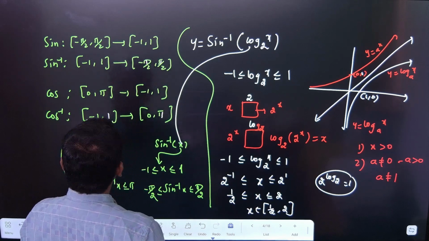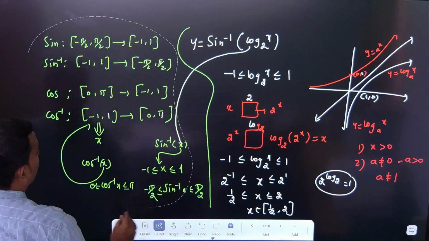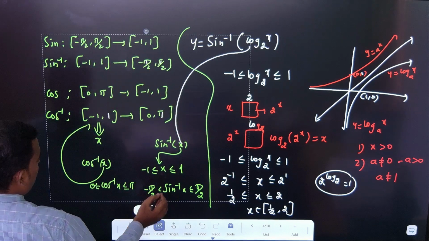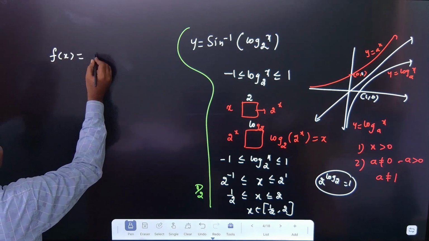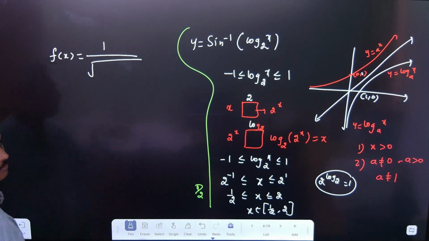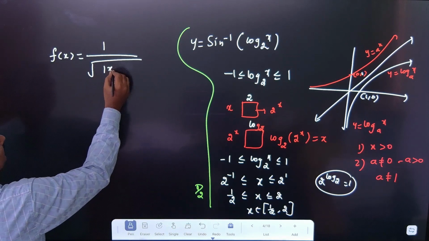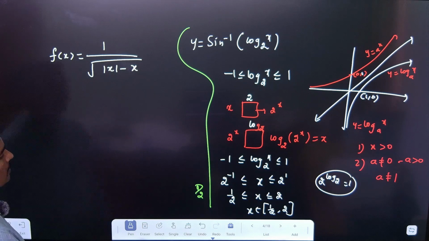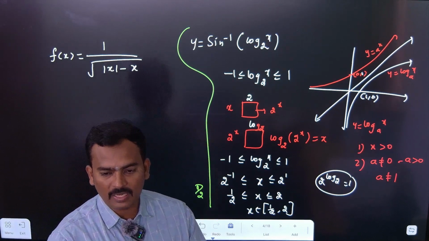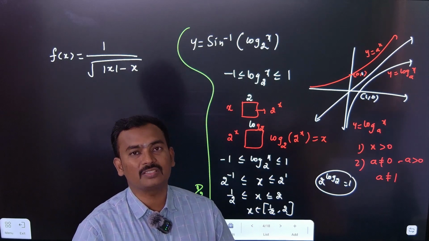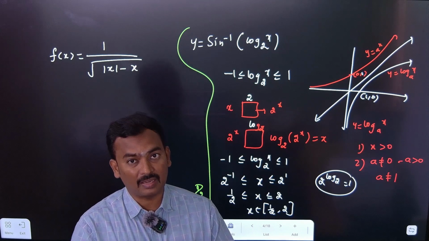So, let me take one simple question. Just I will remove this portion here. Okay, suppose f of x equals 1 by square root of mod x minus x. Then how to find the domain here? We already discussed that if an expression is in the denominator, it should not be 0, and under the square root, something should be greater than or equal to 0.